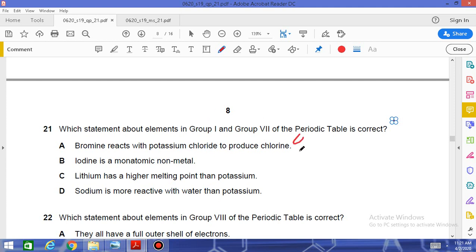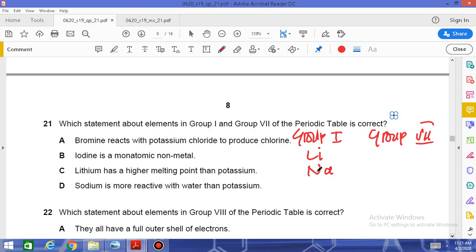So for group 1, the elements consist of lithium, sodium, potassium, rubidium, and so on. While group 7 is the halogens, it consists of fluorine, chlorine, bromine, and iodine.